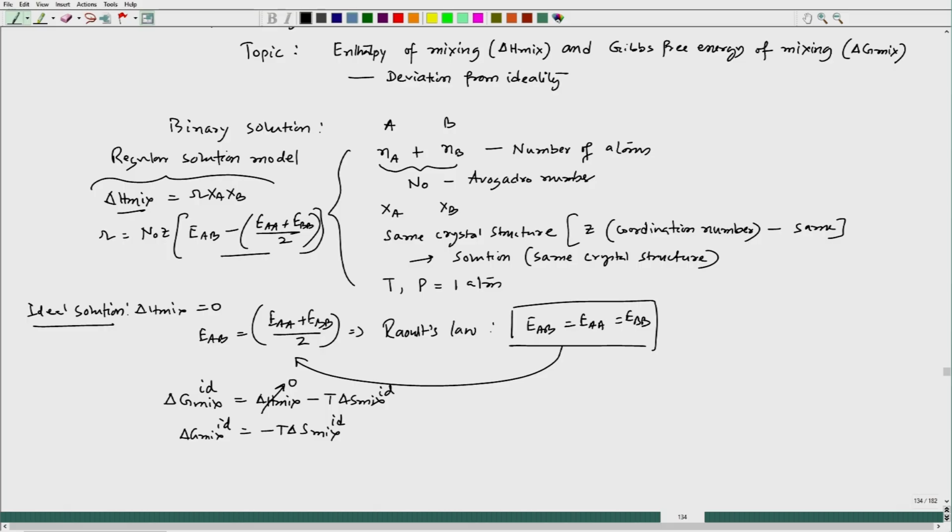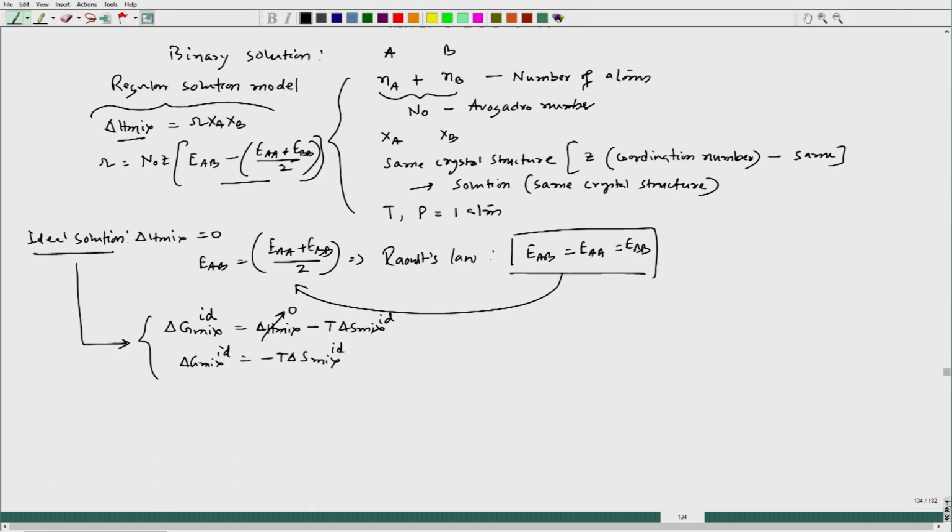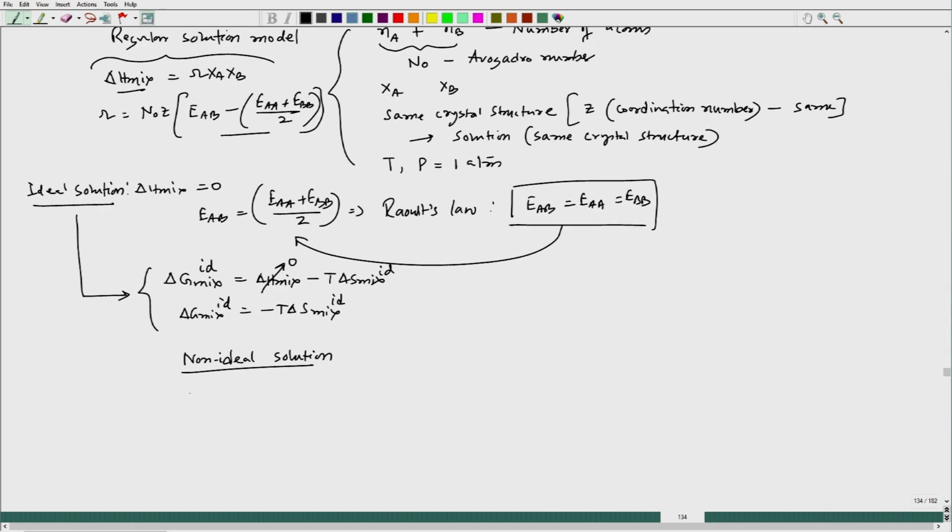In case of ideal solution, this applies. But when it becomes non-ideal, this simple equation will not hold. We have to consider del H mix. So, let us consider a non-ideal solution. In case of non-ideal solution, I can write delta G mix equal to del H mix minus T del S mix.